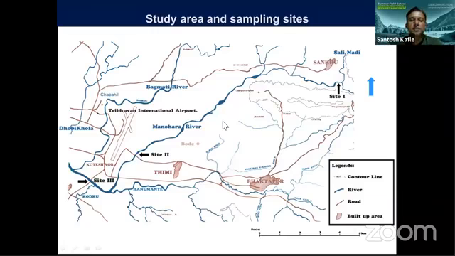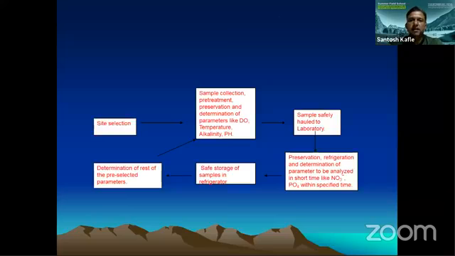So the effluent from 2 industries was taken: at site 2 the beverage industry, and at site 3 the carpet dyeing industry, where site 1 was basically a non-polluted site of the river. For 2 seasons, pre-monsoon and monsoon, April and May, and August and September, 27 water quality parameters were analyzed.